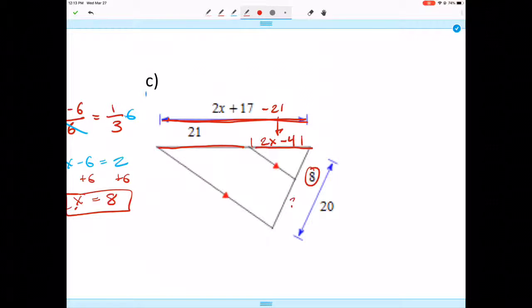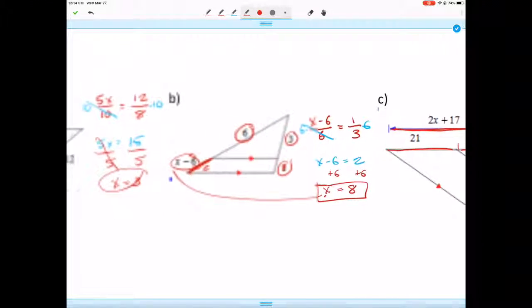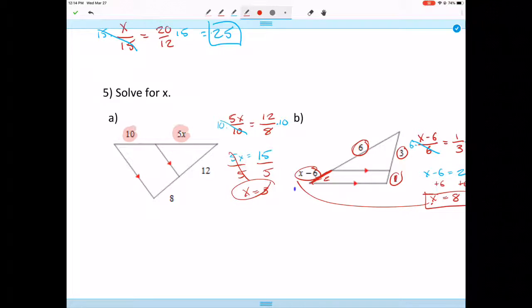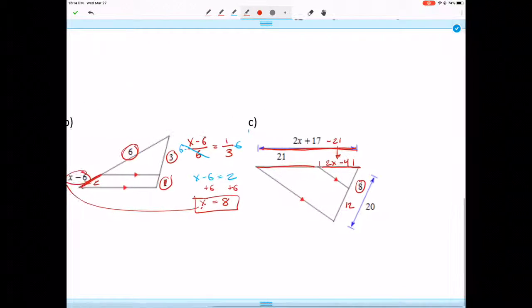What would this be? 20 minus 8, which gives us 12. All right, so now it is set up more like A. So we could say 2x minus 4 is proportional to 21, and that is equal to 8 divided by 12. 8 and 12 are proportional.